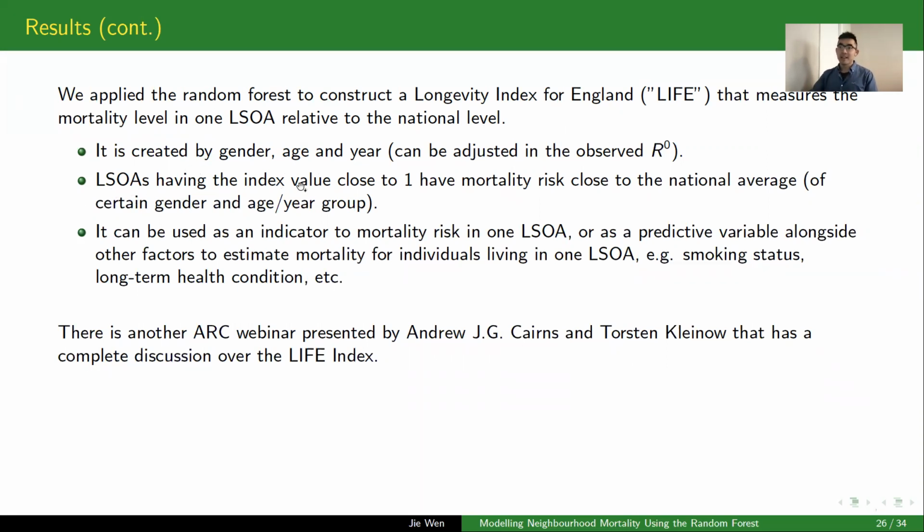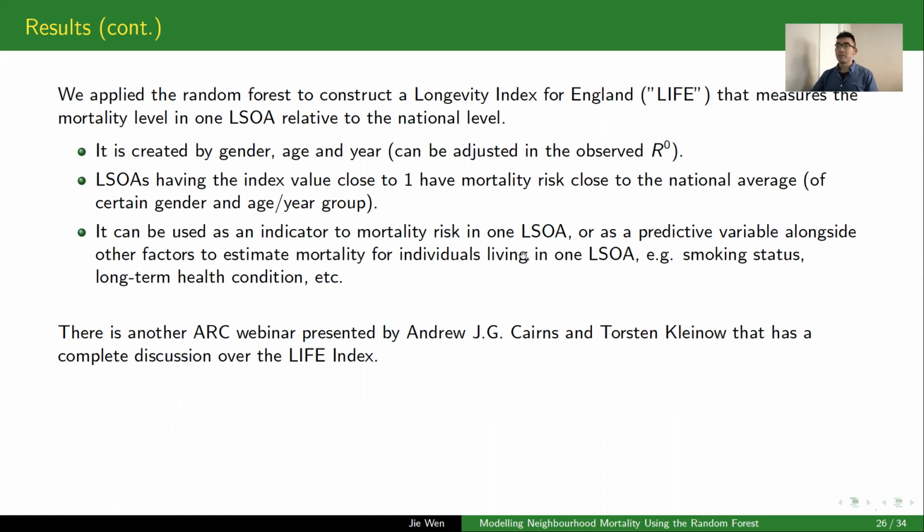Those RSOAs having this index close to 1 have mortality risk close to the national average. This index can be used as an indicator of how high the mortality risk is within one RSOA, or it can also be used as a predictive variable itself alongside other factors to estimate mortality for any individual living in one RSOA.